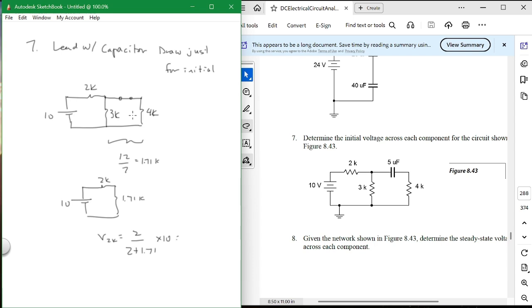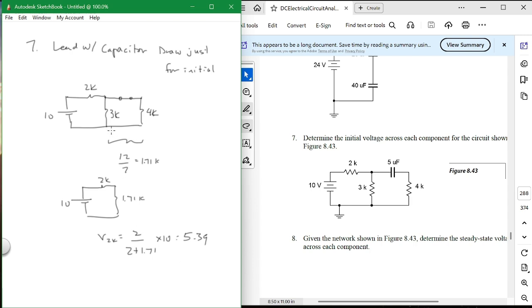So what would be the voltage across the 2K? 2 times 10 divided by 3.71 equals 5.39. What about what's left?